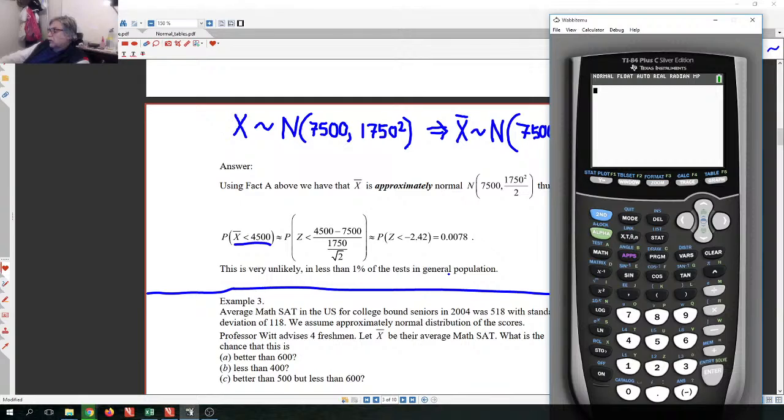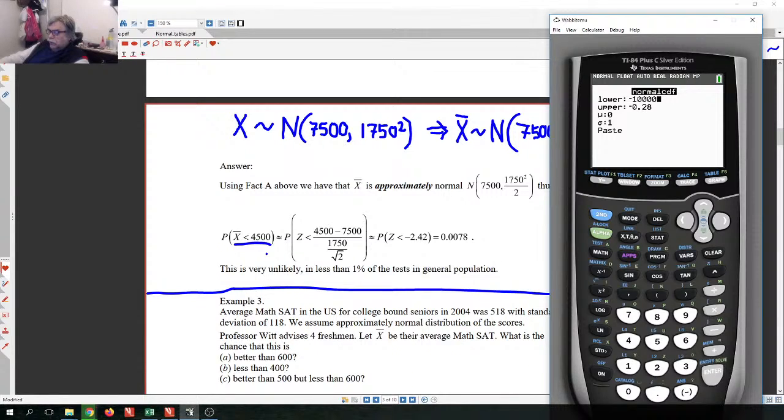So I'm going to select normal distribution, CDF. Lower bound, you don't have a lower bound, it says here just lower than 4,500. So we can use, I don't know, negative 10,000. You cannot have negative 10,000 white blood cells, but it's just a theoretical value because I don't have a lower bound.